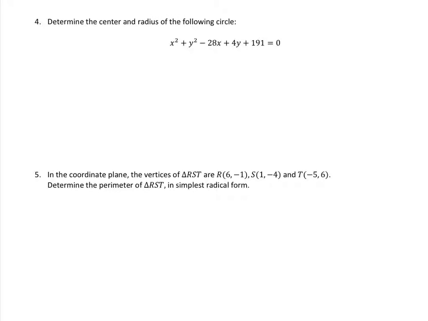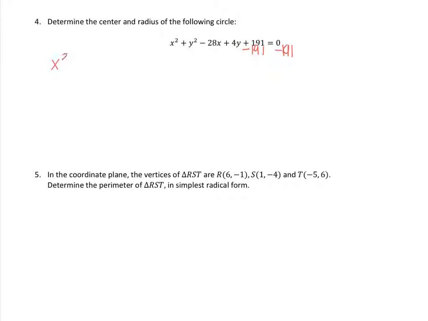Alright, so we have 2 more problems together, and then you'll be able to move on to your practice independently. The next one is very similar to what we did first together, where we have a crazy equation in general form, and we need to find the center and the radius of this circle. So again, first step is move the constant to the other side. And as we rewrite, we're going to group x's with x's and y's with y's.